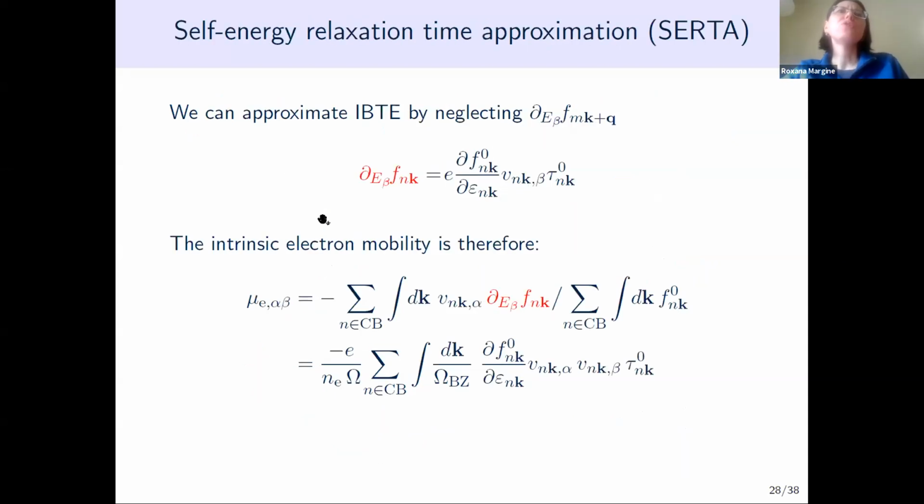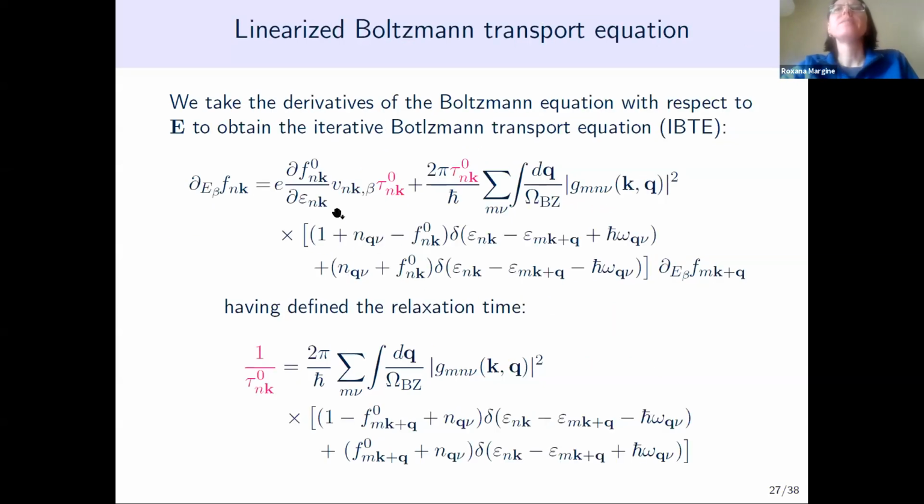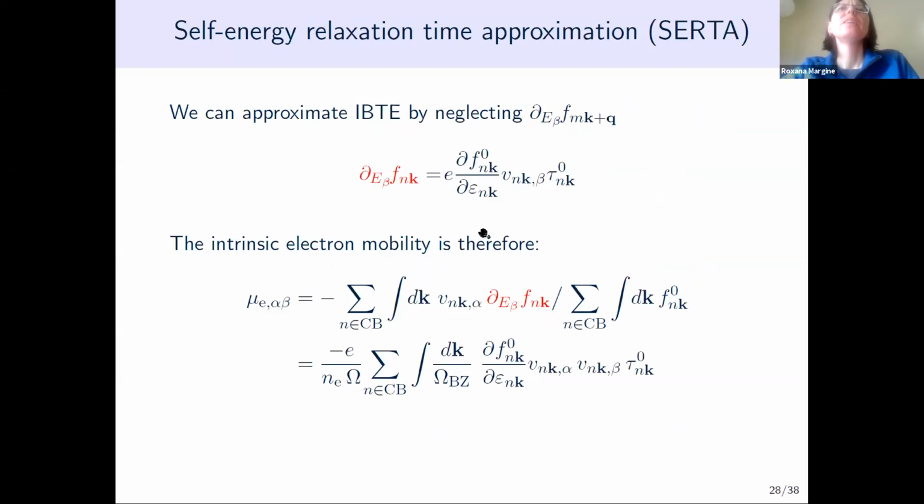A simpler approach is to neglect the term on the right-hand side, basically all this part here. What we get is that the change in the linear response of the distribution to the electric field now reduces to a simple expression. In this case, we have F_nk on both sides, so this doesn't have to be solved self-consistently.